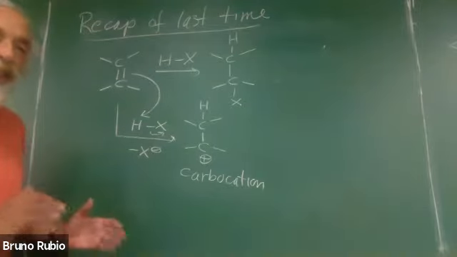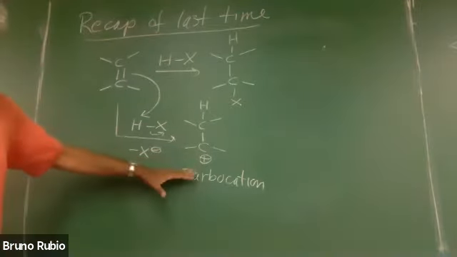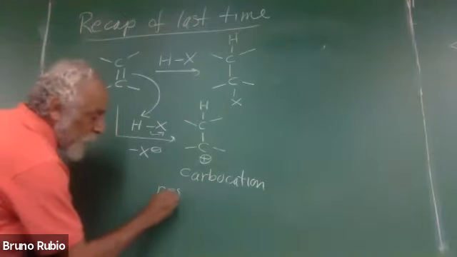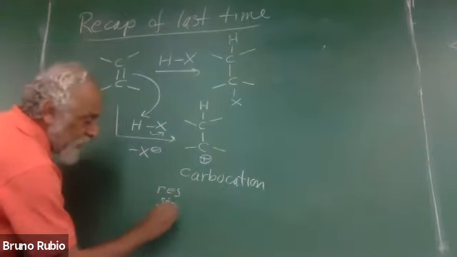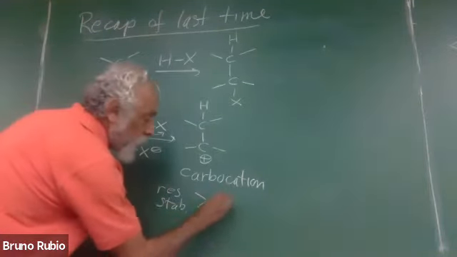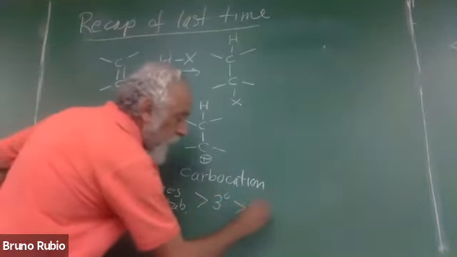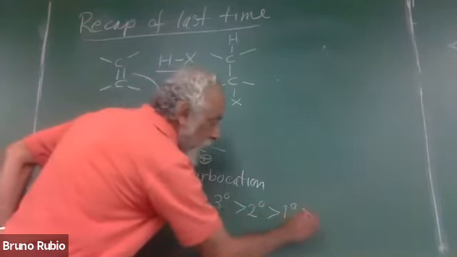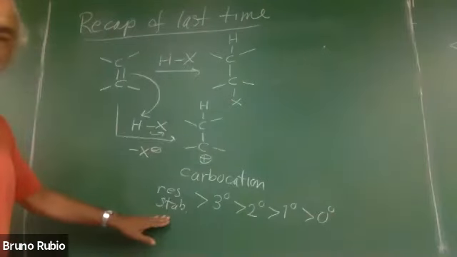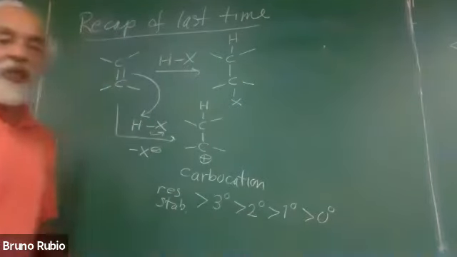electron deficient, and we talked about the stability of the carbocation, namely that resonance stabilized carbocations are better than tertiary, are better than secondary, better than primary, and better than methyl. So this is the most stable kind of carbocation, and this is the least stable kind.